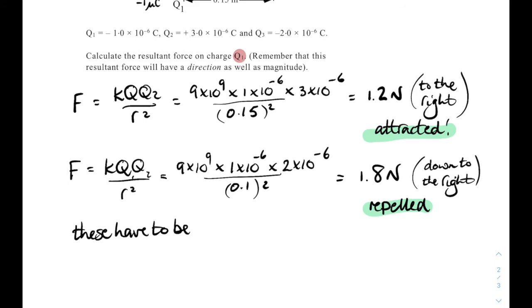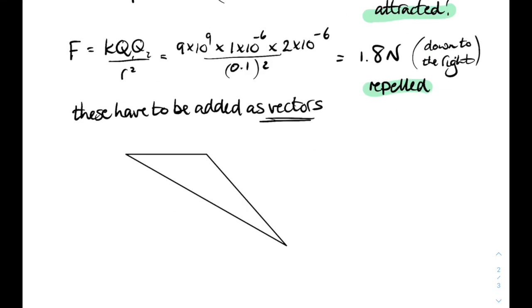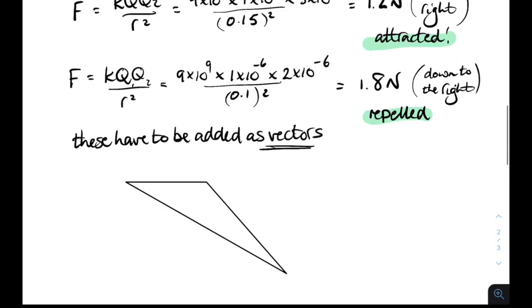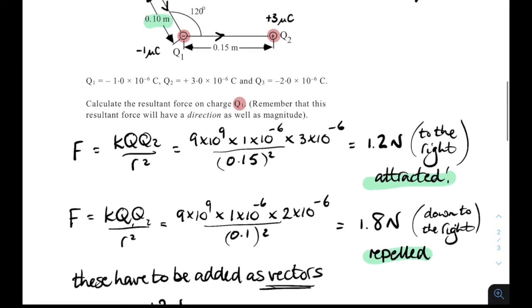Now, we have to add these together as vectors. So let's do a little vector diagram showing the 1.2 newtons acting to the right and the 1.8 newtons acting down to the right. And we know that angle because it's given in the diagram in the question.